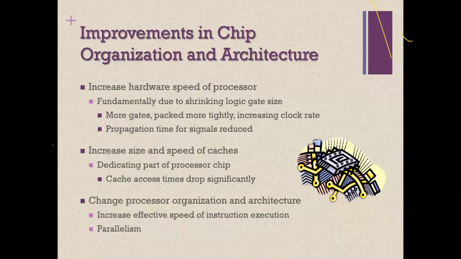And so once these strategies are put in place and are on board the processor chipset, it improves the speed with which this is made. Another one is making changes to the processor organization and the architecture such that it increases the effective speed of the instruction execution.